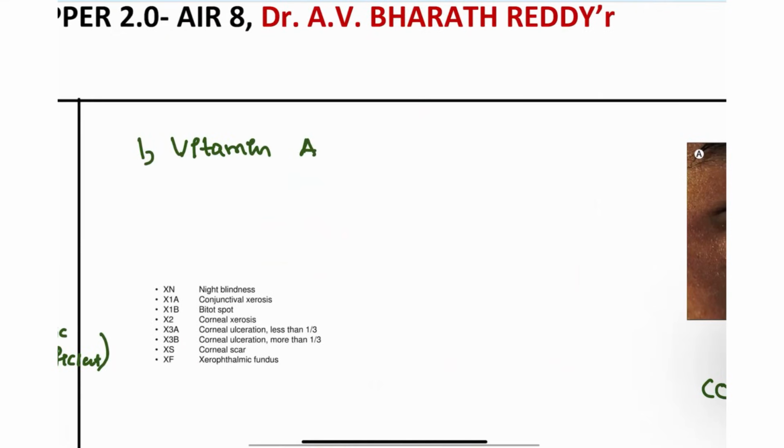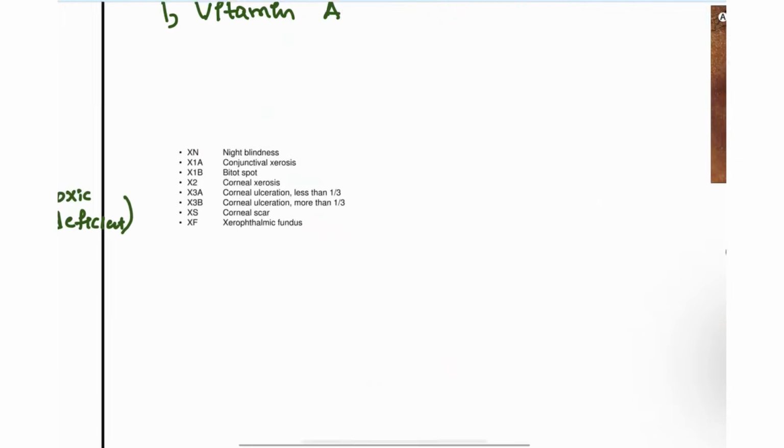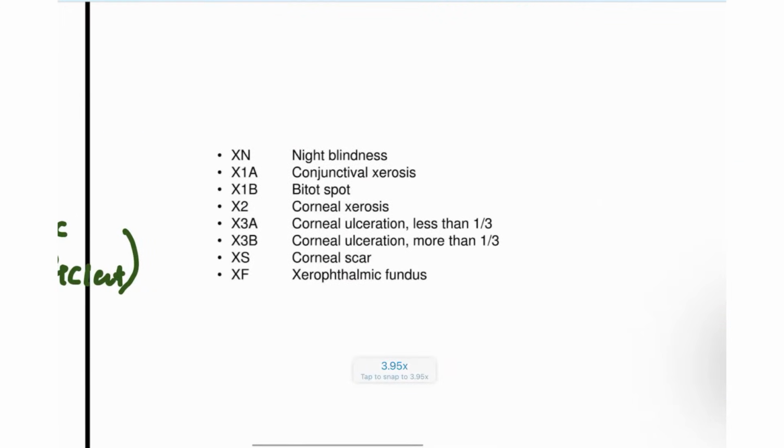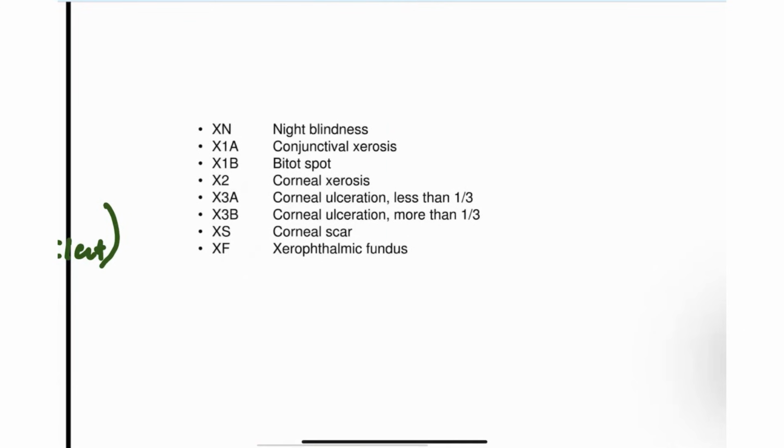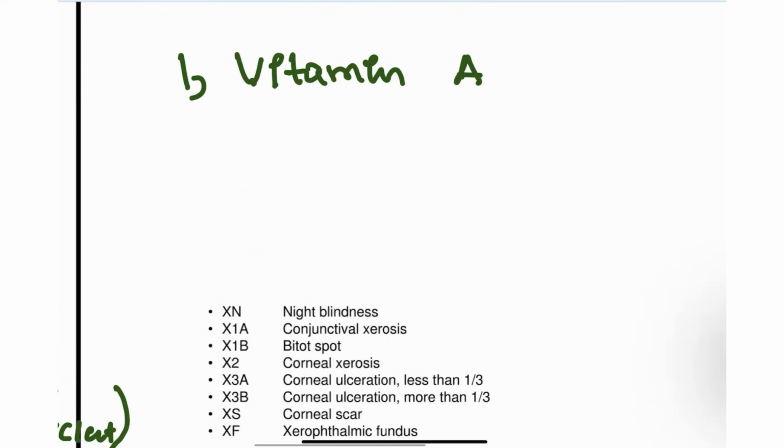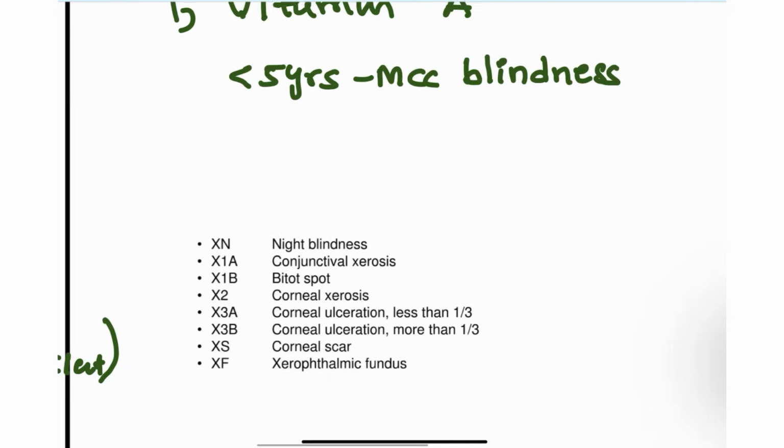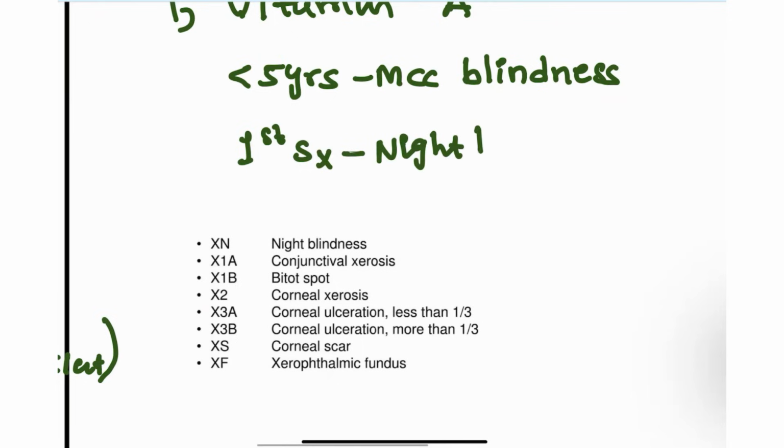Vitamin A deficiency is the most common cause of blindness in children. In children less than 5 years, the most common cause of blindness is vitamin A deficiency. And what is the first symptom? The first symptom seen in this patient is night blindness.